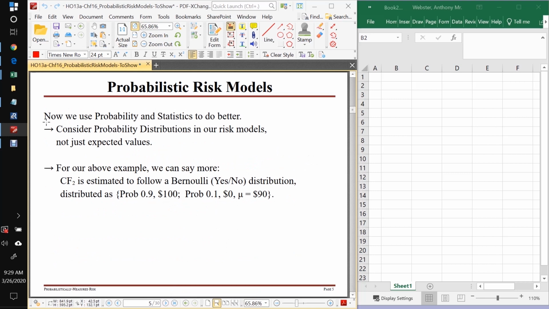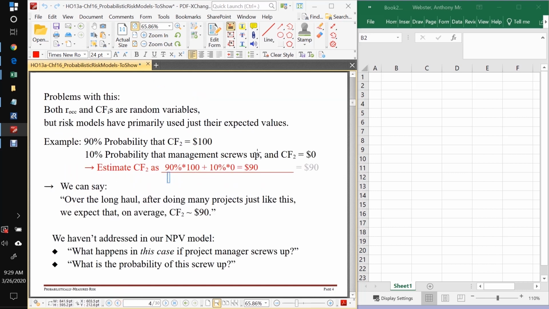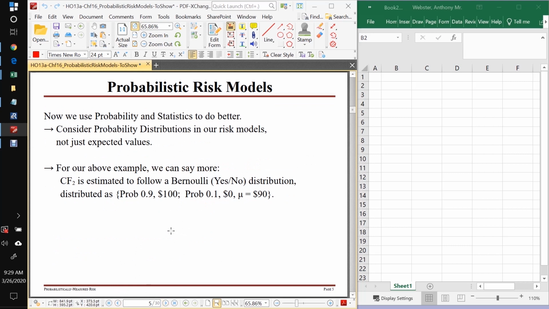So now we're going to use probability and statistics to do better with our risk models. And what we'll be doing is looking at the probability distributions that are behind the expected values that we've computed previously.